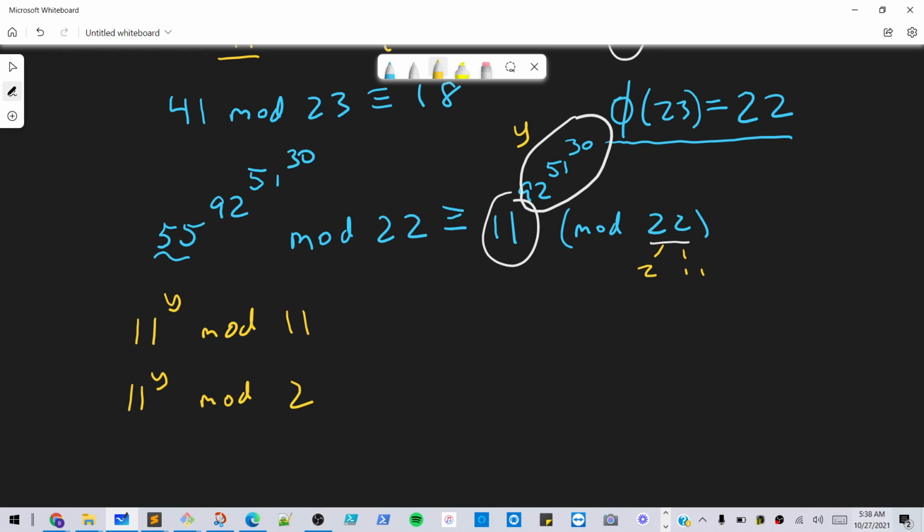The good thing with these is that typically it'll simplify nicely like this. 11 mod 11 is 0. So whatever we have here is going to be 0. So we don't really have to deal with that. In this equation, since it's mod 2, that's going to reduce to 1 to the y mod 2.